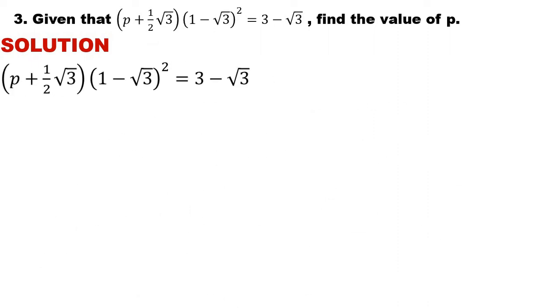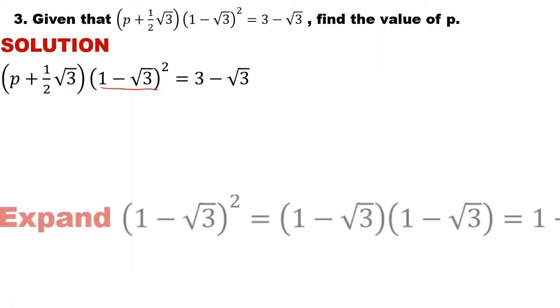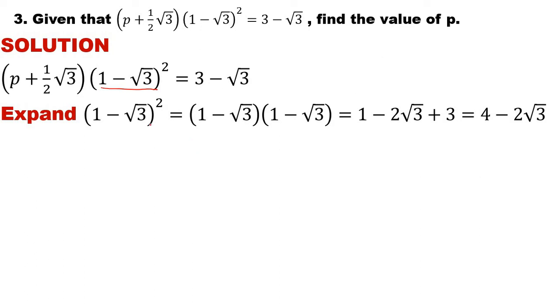The first thing I would do is to expand this. To expand this, I have to multiply it by itself. That is what I did here: 1 minus root 3 times 1 minus root 3. Simplifying further, we have 4 minus 2 root 3.